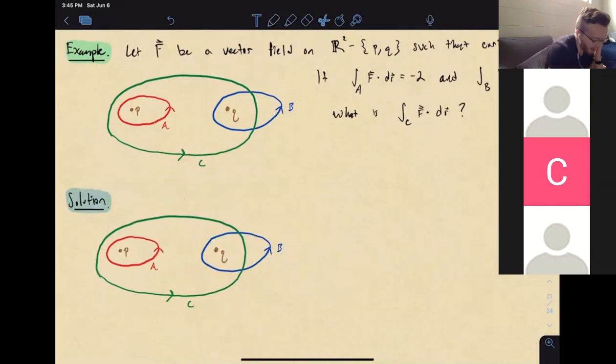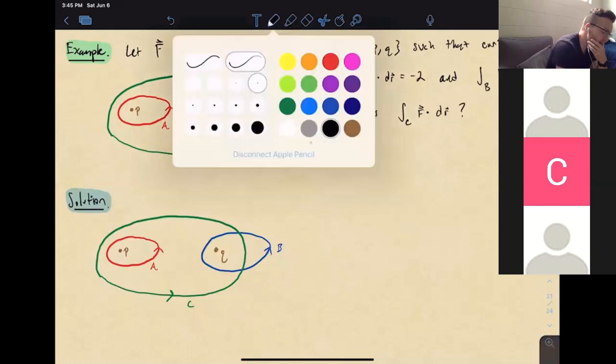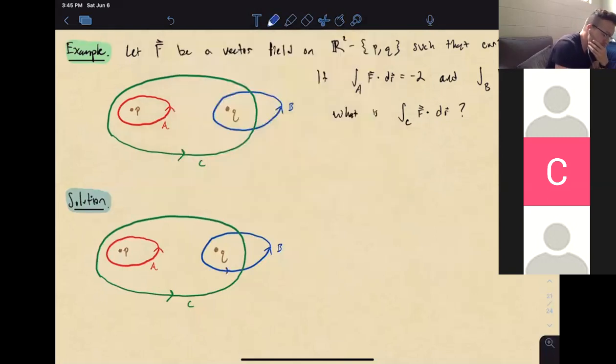I would chop the blue thing up into 2 different curves. So let me call B plus the part to the right of the green thing, and then B minus the thing to the left of the green stuff.